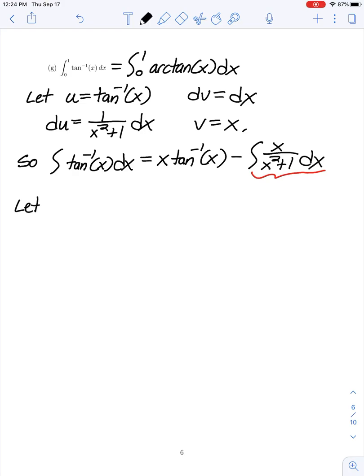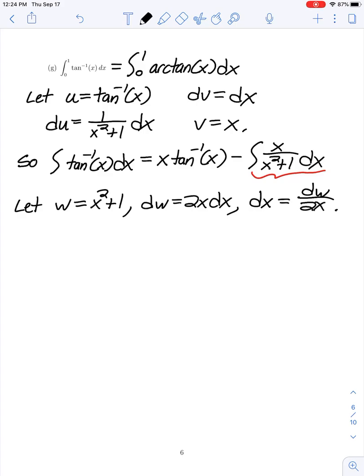So to evaluate that new integral, let's make a substitution where our new variable, w, will be the denominator, x squared plus 1, so that dw is 2x dx, and dx is then dw over 2x.